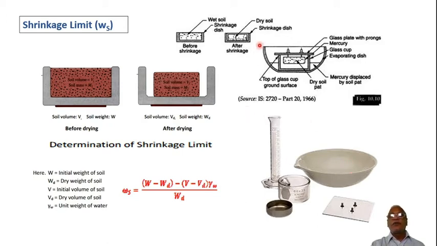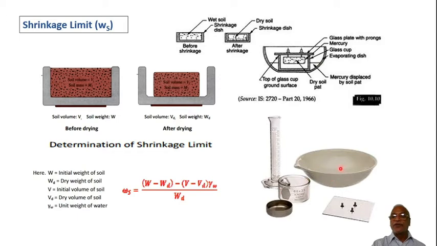In this bowl, which is shown here, evaporating dish, in this, so what is done is this glass container, glass cup, you can just see here, this glass cup is put into this, and then full mercury is poured into this, exactly leveled off with this plate putting on top of it.